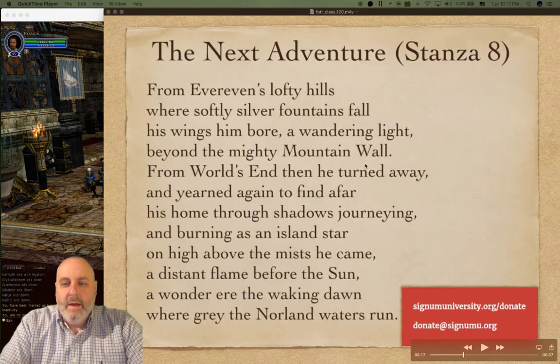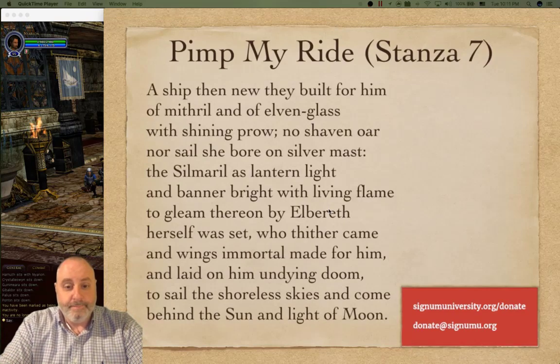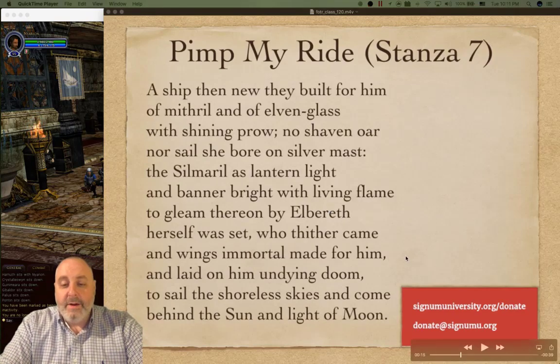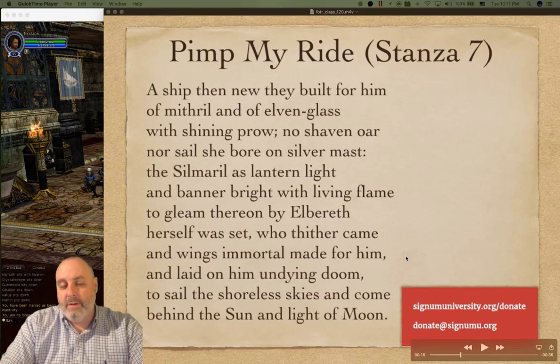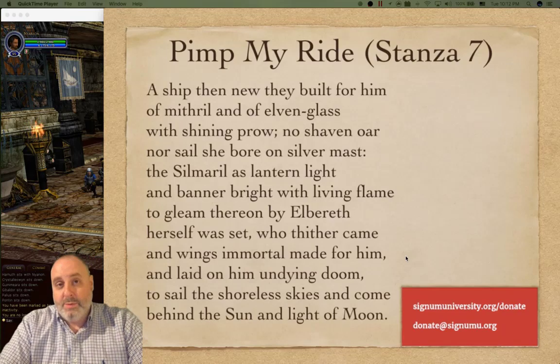Anyway, okay. So back to stanza 8. And also remember where we just were. We just finished giving him his new ship, and laid on him undying doom to sail the shoreless skies and come behind the sun and light of moon, was where we just finished.